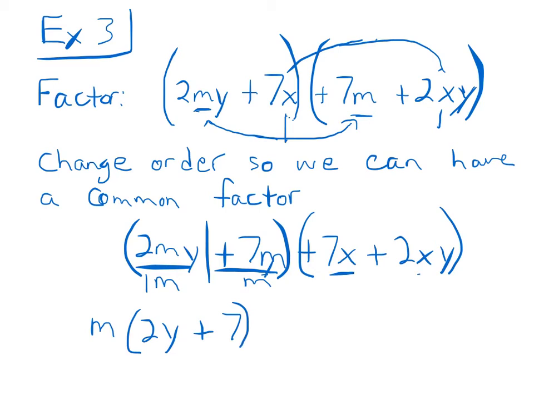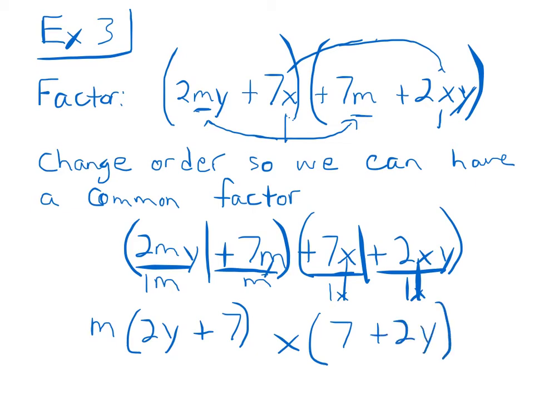Well, it's just an x, so I need to factor out that x. When I factor that out, the x's cancel, leaving me with 7, and then the x's cancel, leaving me with a positive 2y. Now we need to check and see if these are the same.